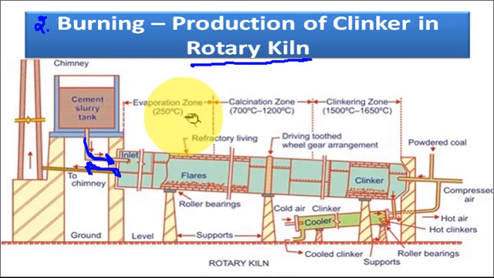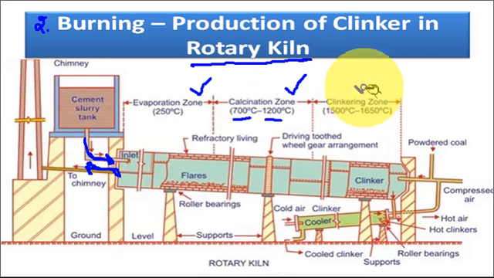So, as per the different temperature ranges, the complete area of the rotary kiln is divided into three zones. First is the evaporation zone, which is also called the drying zone. Second is the calcination zone, in which the temperature range is 700 to 1200 degrees centigrade.